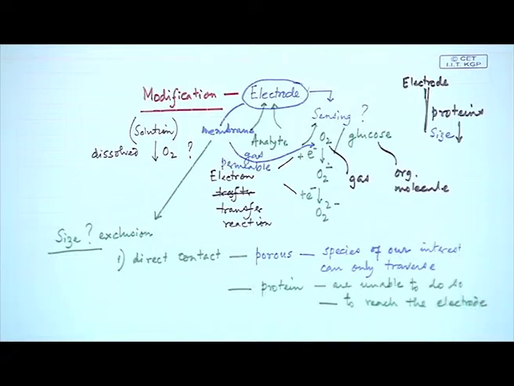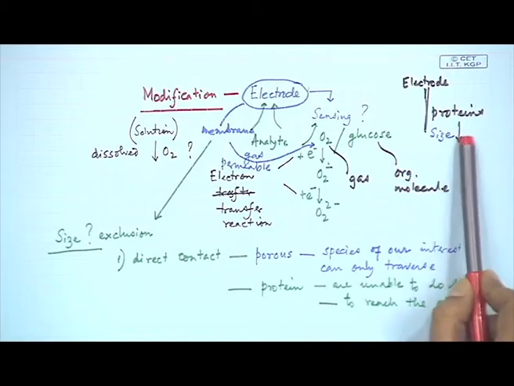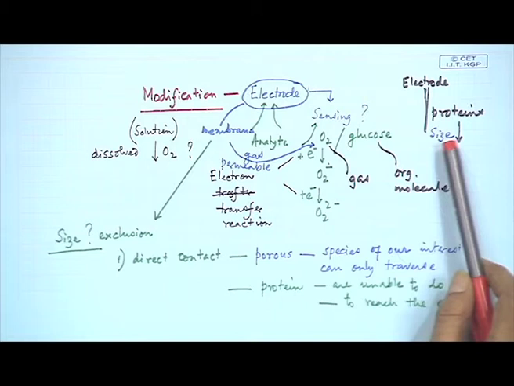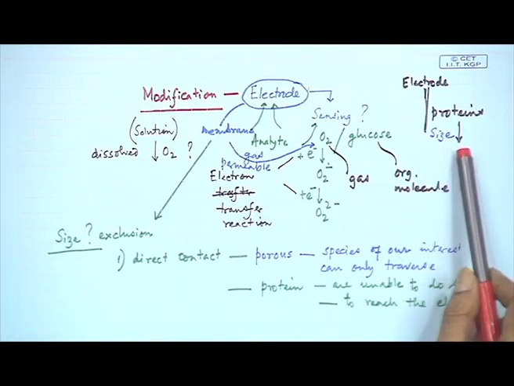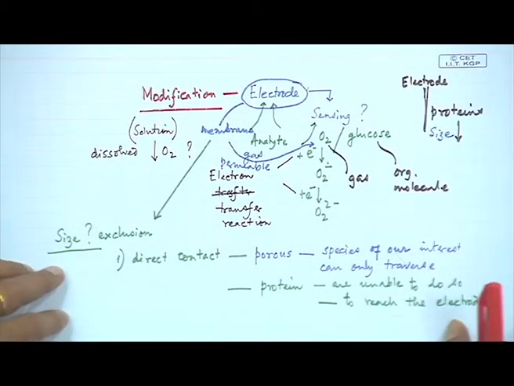So, the protein molecules will not reach the electrode. So, we must have some different mechanism if we try to use the electron transfer reaction for its potential as well as the rate of electron transfer for the protein molecule. So, this is one, that means the porous part is there.